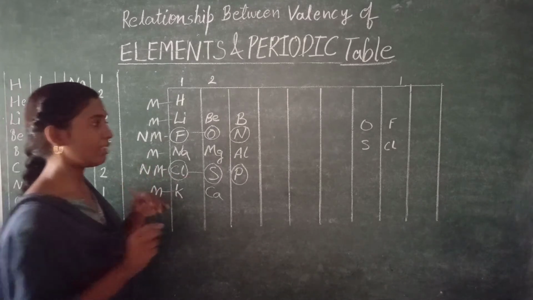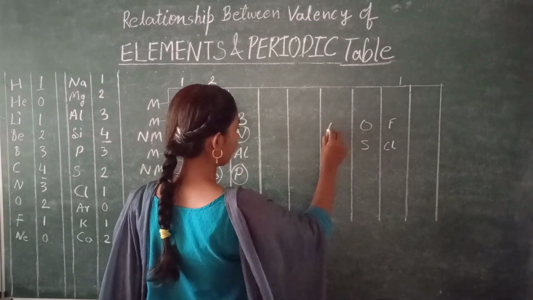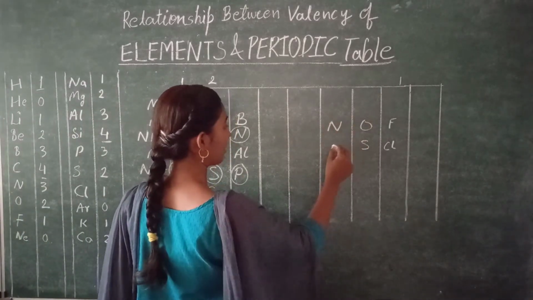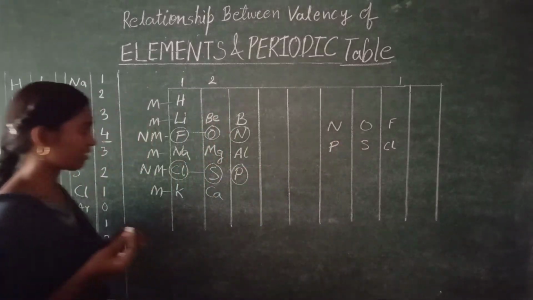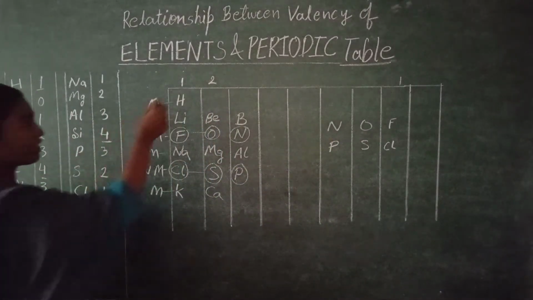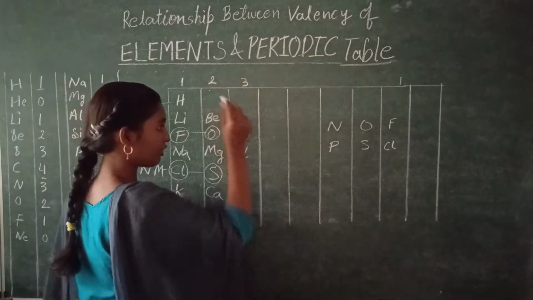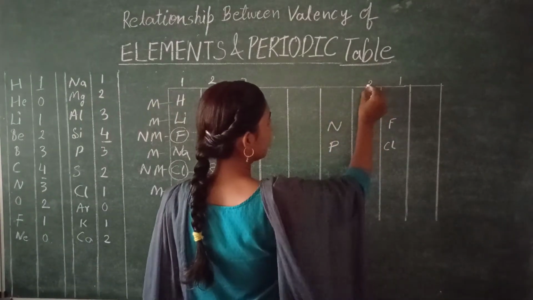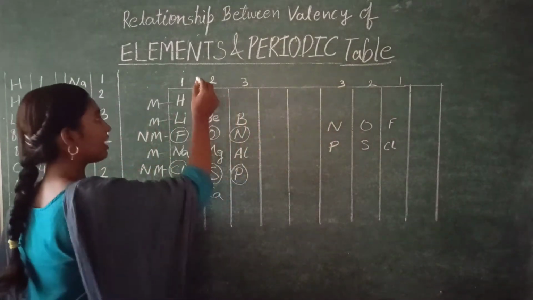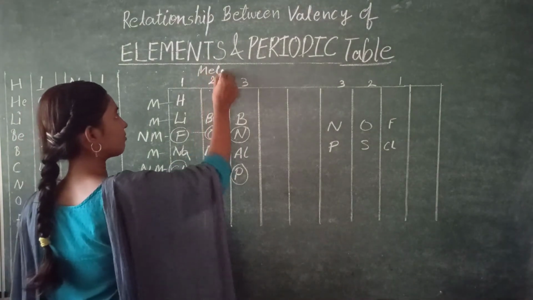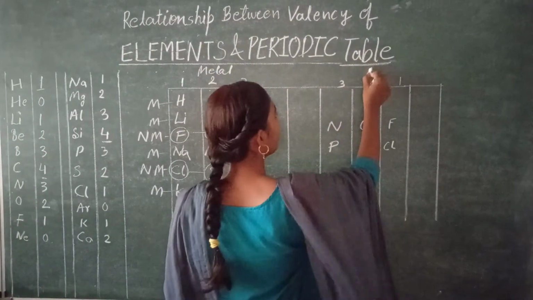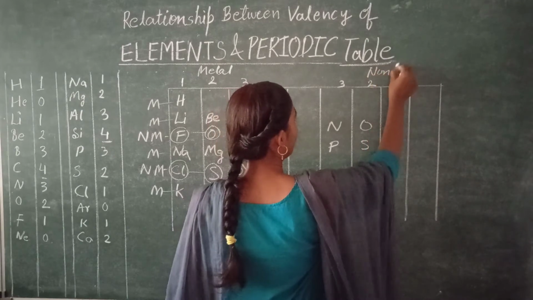So again I will keep them separately, because they are different from the metals, so we will keep nitrogen and phosphorus separate. Again we have finished 1, 2, 3, valency of 3. Here also 1, 2, 3. This side we have kept metals, and this side we have kept non-metals.